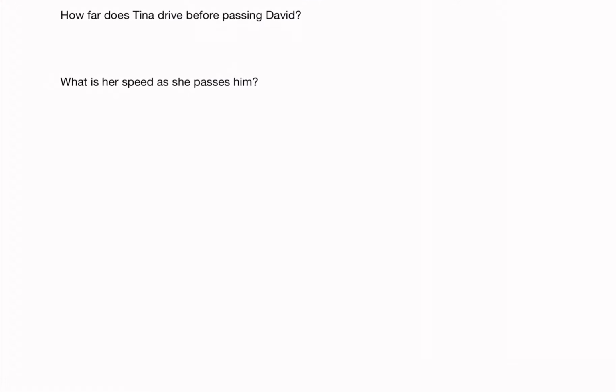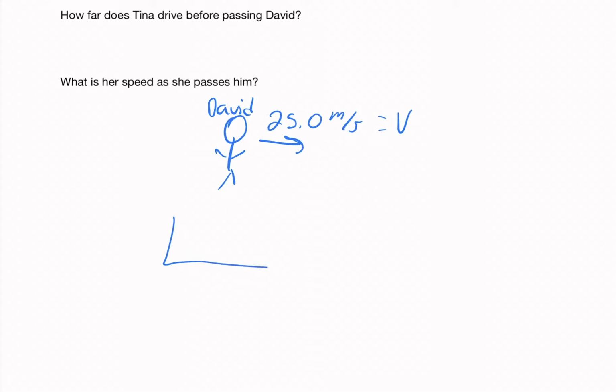So drawing this out, basically what this says is we have a person whose name is David, and he is traveling 25 meters per second. That's his velocity. We also have a car. This car is at rest at the moment, but it will be accelerating at 2.8 meters per second squared.